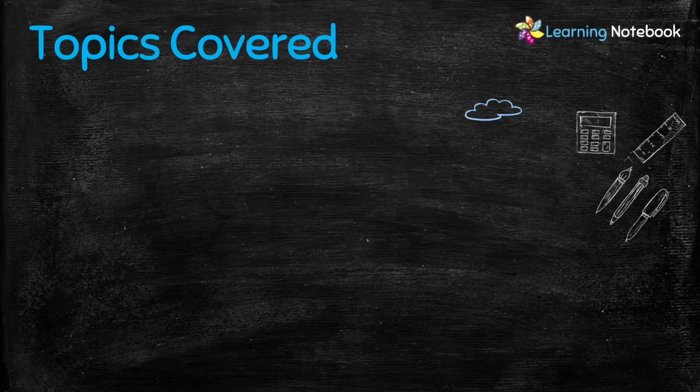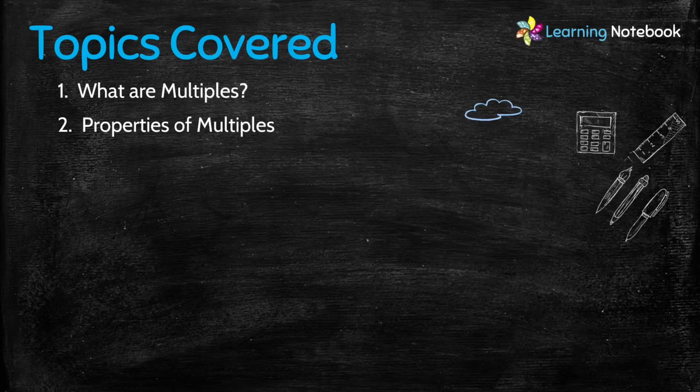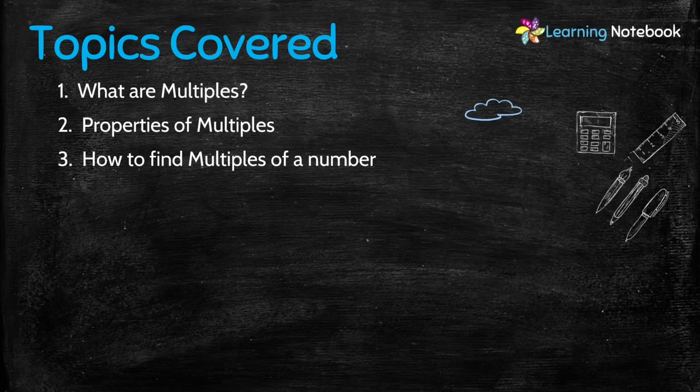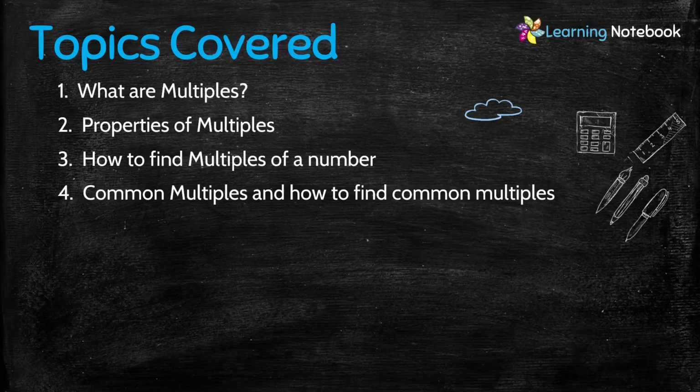So let's see what all topics we are going to cover today in this video. First, we are going to understand what are multiples. Then we will learn about properties of multiples, how to find multiples of a number, what are common multiples and how to find common multiples.